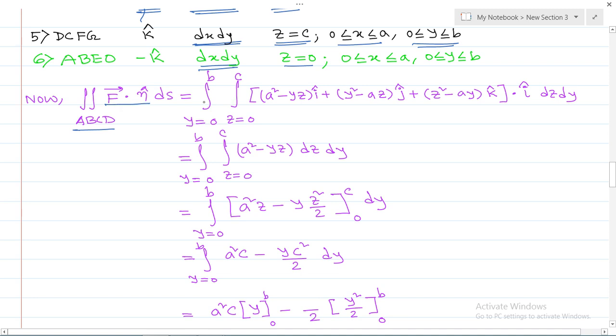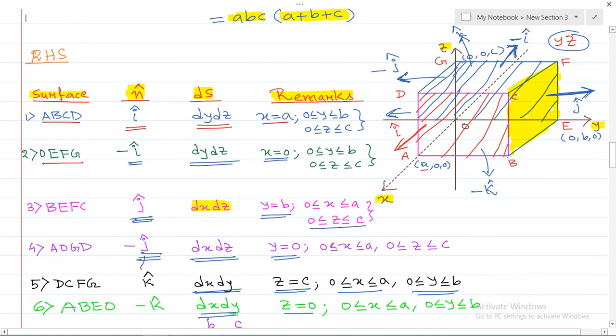What information do we have about ABCD? Just now I told you, for the ABCD surface, n cap is going to be i cap, ds is going to be dy dz, x equals a, and y and z will vary.